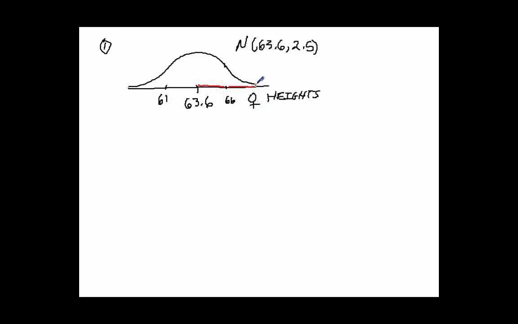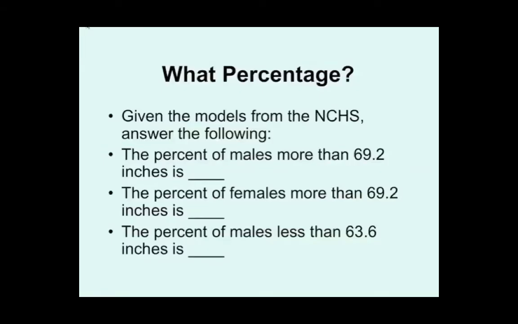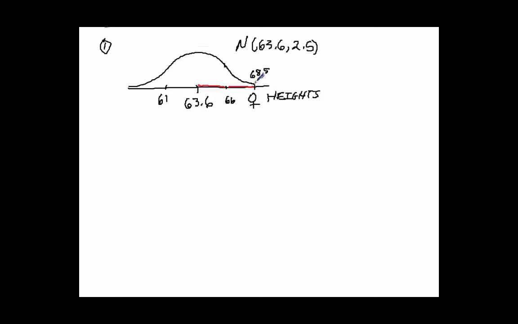So that point right there is at 68.5. Notice the value I'm looking to mark on my drawing is 69.2. Where is that? It's out right around here, isn't it? So I'm looking to shade just this little teeny area up here.